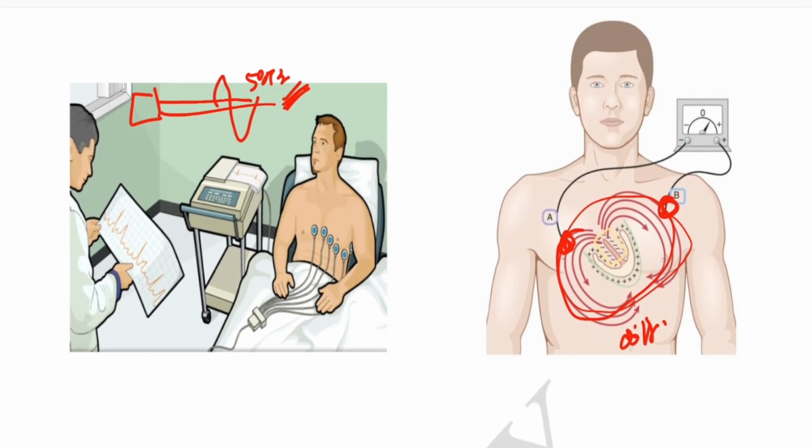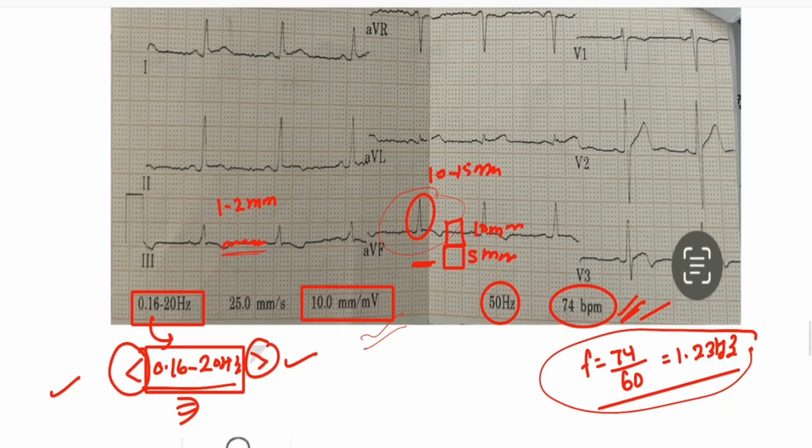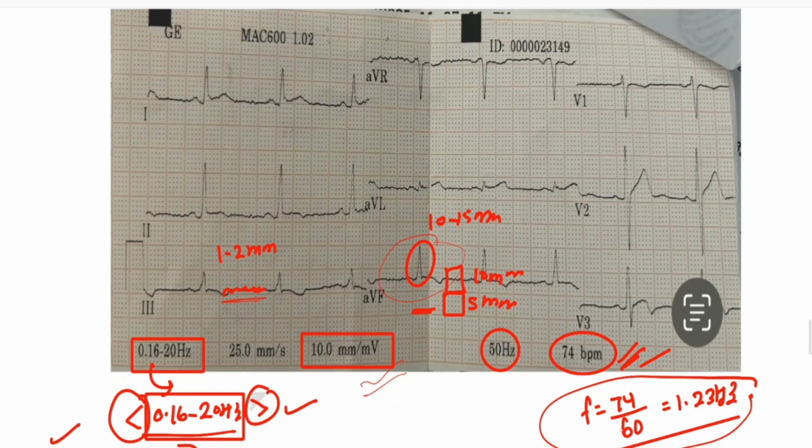So again, I'm summarizing. I measure my heart signal and give that signal differentially to that ECG machine, and there are some power supplies nearby that have a 50 hertz frequency. Suppose your bed is ground, but still there will be some noise. And this is my ECG report. 74 bpm, its frequency is 1.23 hertz.